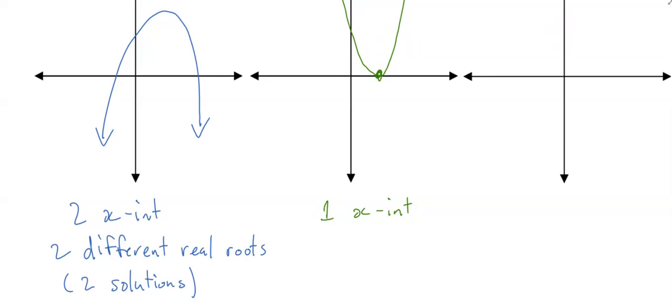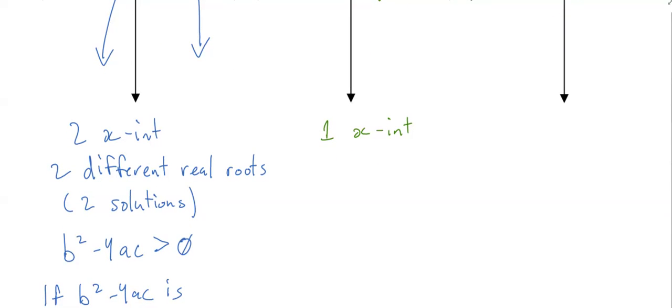And I'm going to show you an example of that in a second. So if it's y equals, it has 1 x-intercept. If it's 0 equals or equal to 0, we say this. This is a weird way of saying it, I know, but just go with me. We have 2 equal roots, or 2 solutions, or sorry, 1 solution.